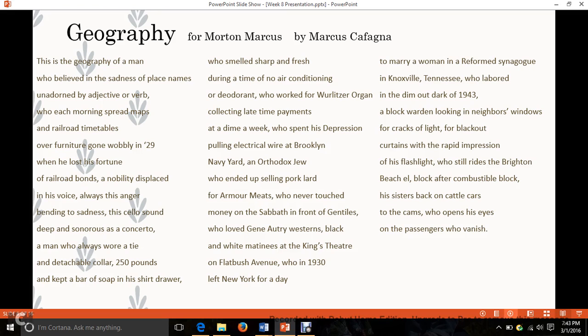But when we look at this poem, there are several elements that relate directly to the time in which our protagonist lived.